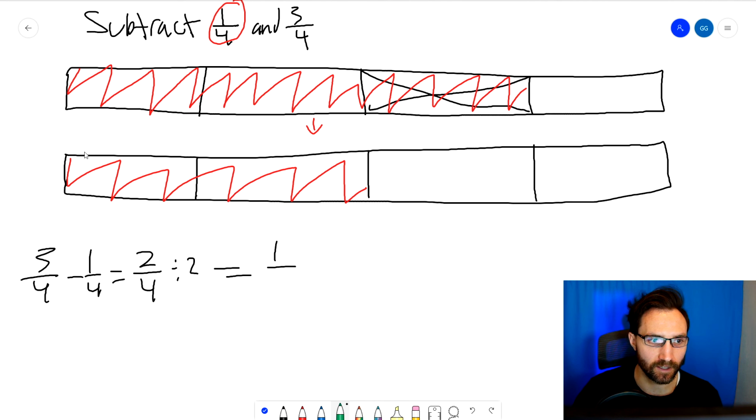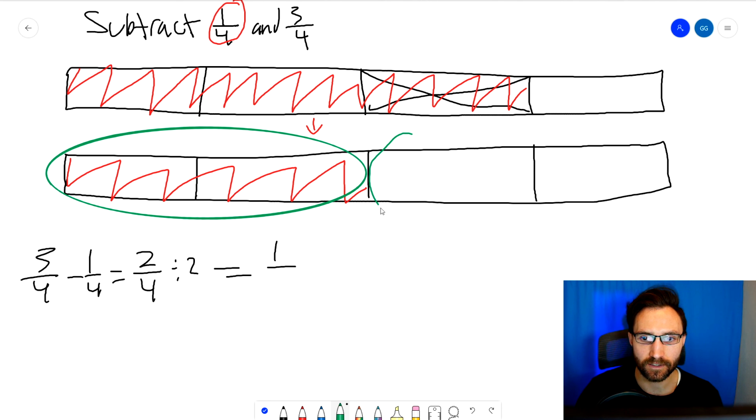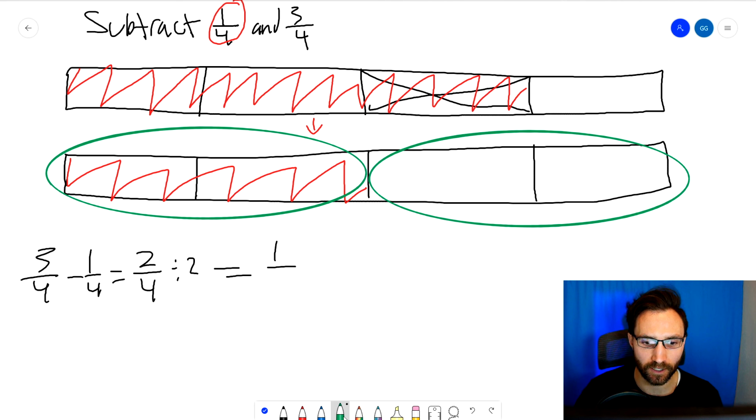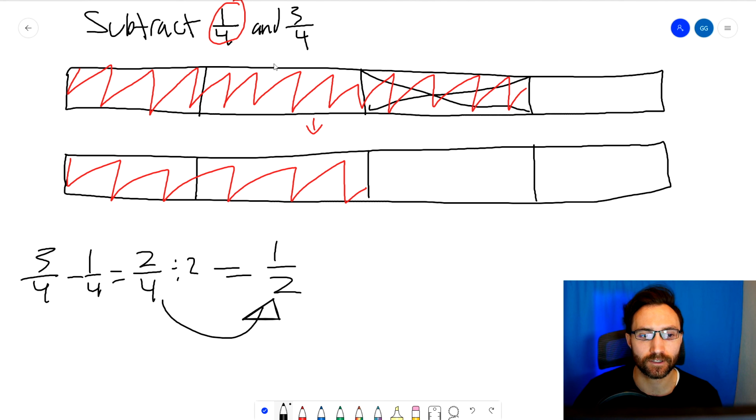Well, if you look, this is a group of 2, and this is a group of 2. So 2 groups of 2 can go into 4. So 4 divided by 2 is 2. 2/4 is equal to 1/2. Go back to our problem. 1/4 subtracted from 3/4 is 2/4, which in simplest form is 1/2.